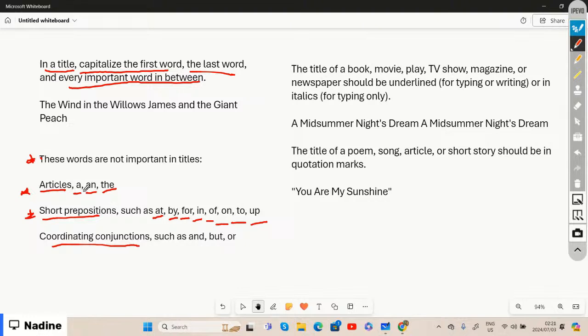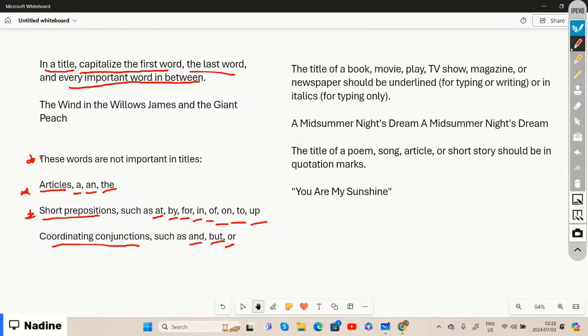And then we also have coordinating conjunctions, right? Coordinating conjunctions are words such as and, but, or.